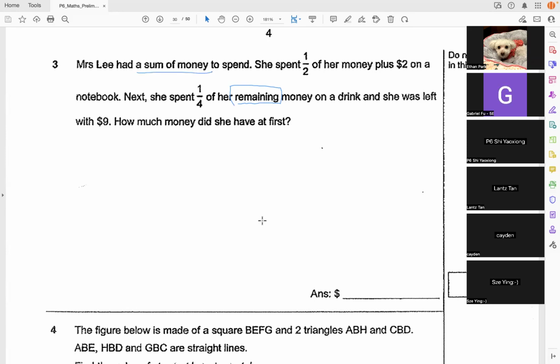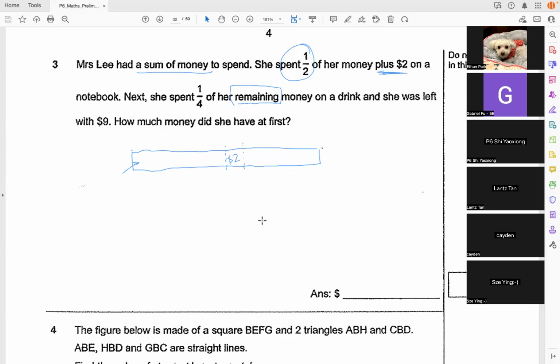So Mrs. Lee has a sum of money. So I'm going to draw this is Mrs. Lee's money. So this bar represents all of Mrs. Lee's money. Now she spent half of her money plus $2 on a notebook. So let's cut it into half. So this portion is half of her money, okay, plus another $2. So $2 just slightly over here.